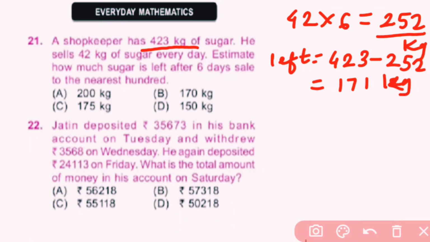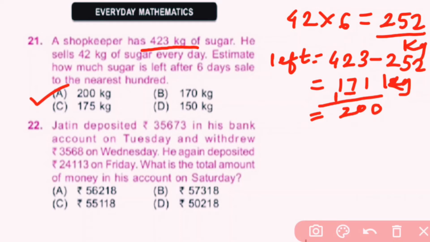Now we have to find the required estimate of this quantity to the nearest 100. So we need to check the tens place. The tens place is 7. It is more than 5. So we add 1 to the hundreds place and the remaining places become 0. So 200 is the estimated quantity to the nearest 100. A is the right option.